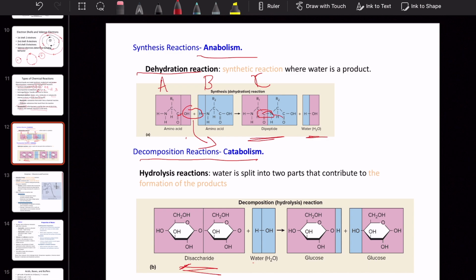So here they are adding water to the reactant. When you add the water, this becomes a product, breaking down into glucose and glucose. In order to decompose, or in a catabolic reaction, it goes through a hydrolysis reaction.